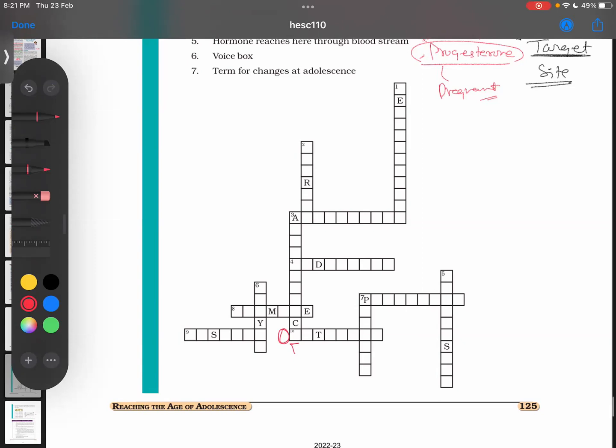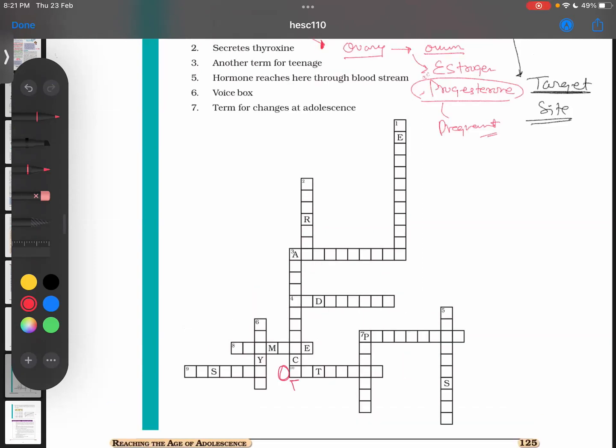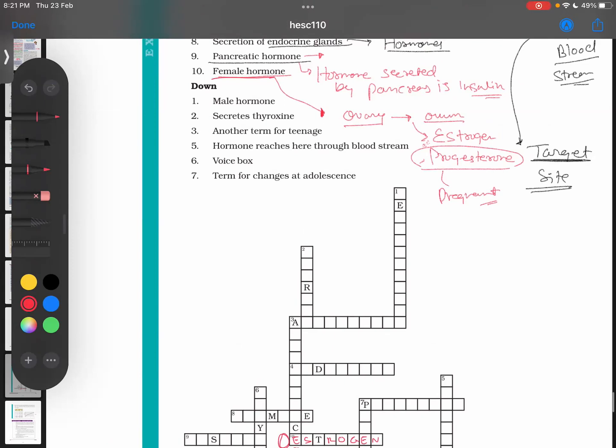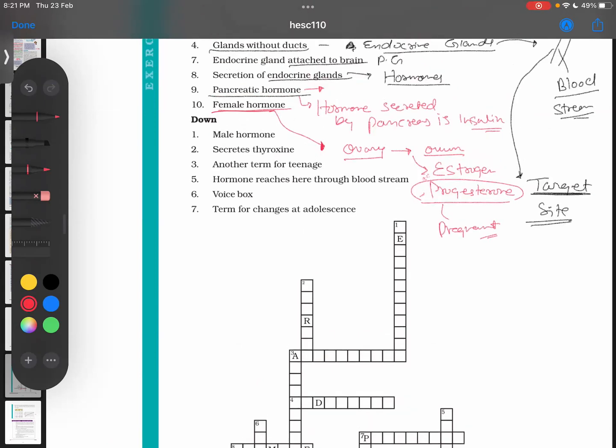So, estrogen. Because there isn't enough space to write progesterone. So it is going to be estrogen. Now, what about the male hormone? Testosterone. Very good.